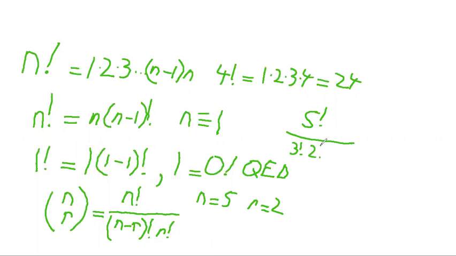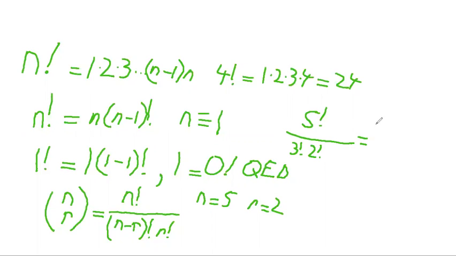Now, a little bit of an exercise here. I'll just say it rather than write it, because I'm a little limited right here. This means 1, 2, 3, 4, 5. This means 1, 2, 3. So the 1, 2, 3 from here is going to cancel with the 1, 2, 3 right here.